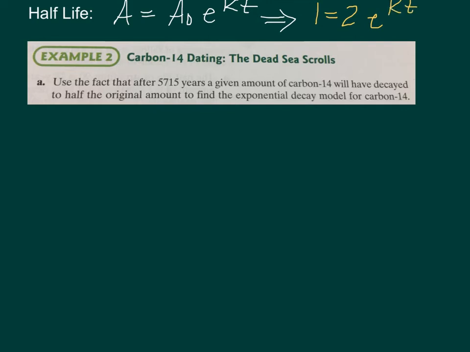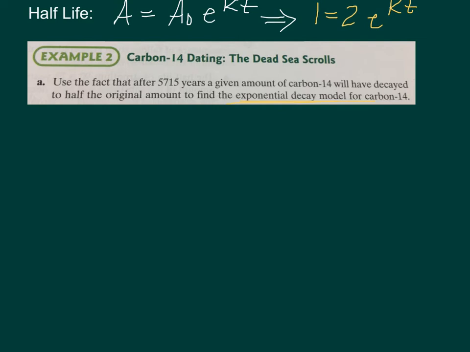So it says, carbon-14 dating, the Dead Sea Scrolls. Use the fact that after 5,715 years, a given amount of carbon-14 will have decayed to half the original amount to find the exponential decay model for carbon-14. Anytime they ask us to find the model, they're asking us to write the equation.